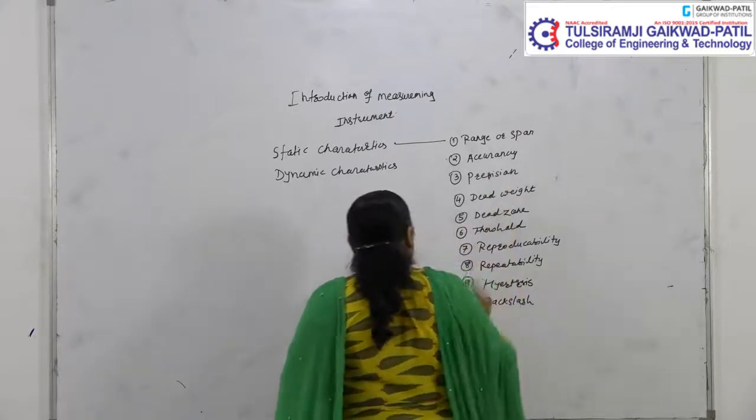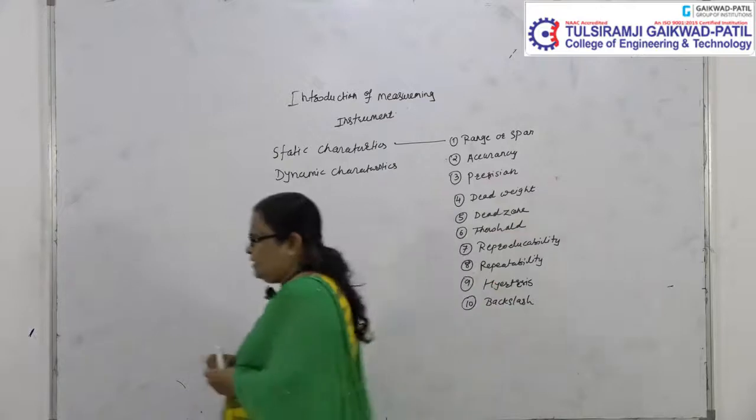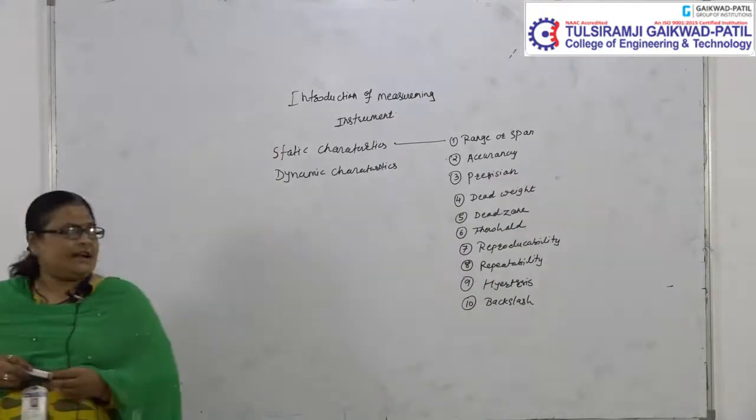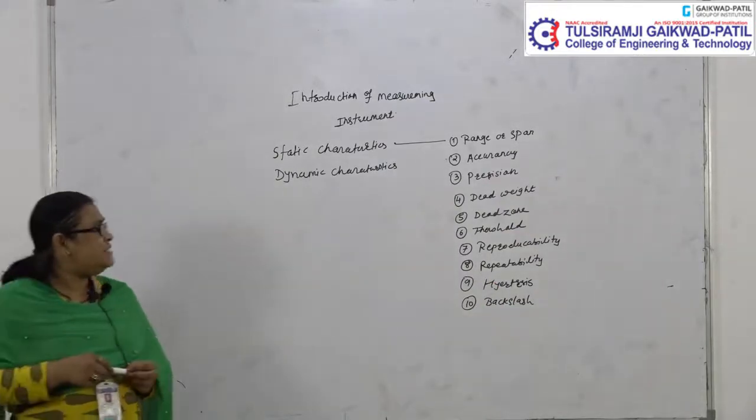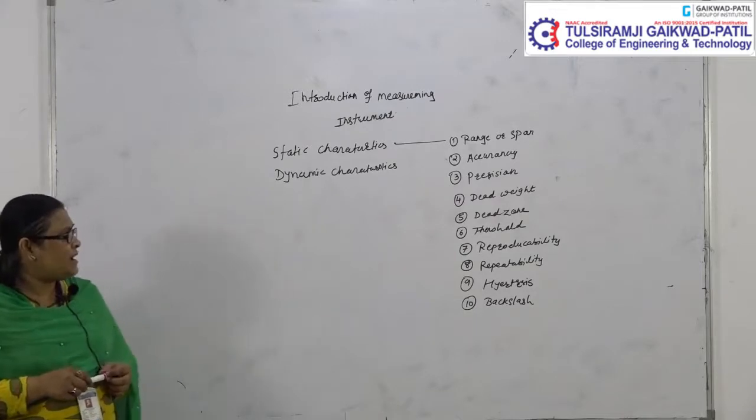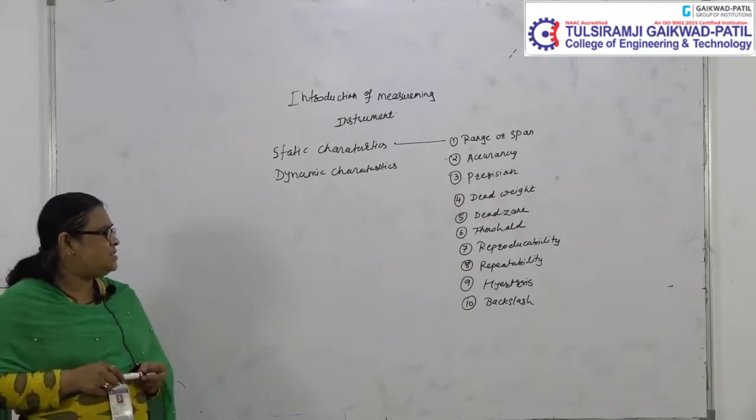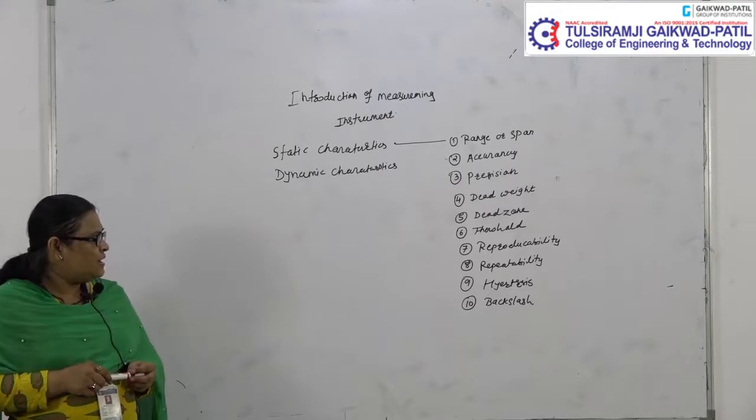So these are the parameters related to the static characteristics: range or span, accuracy, precision, dead weight, dead zone, threshold, reproducibility, repeatability, hysteresis and backlash.